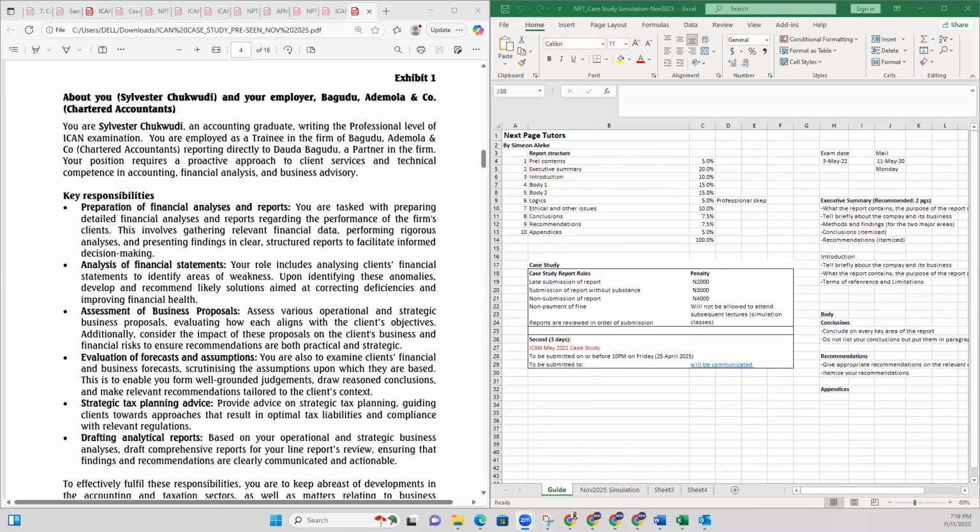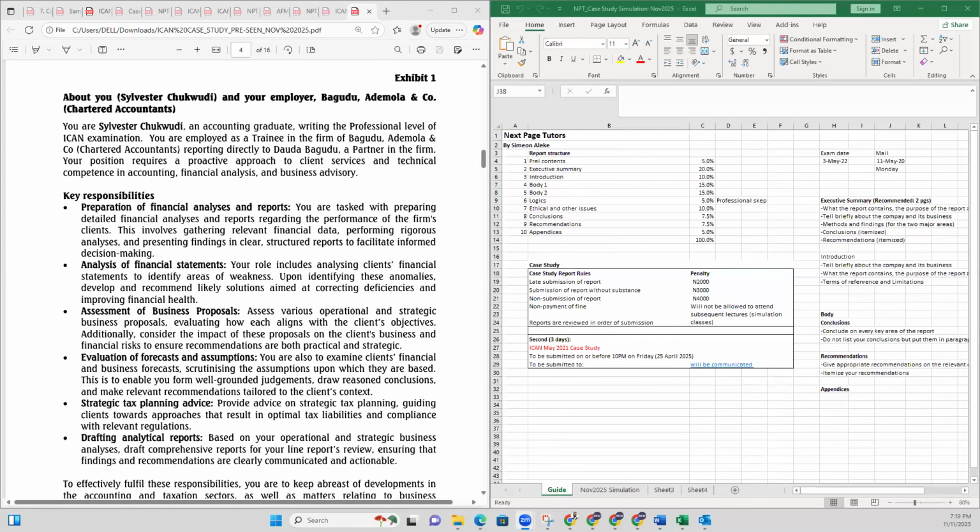Your role includes analyzing clients' financial statement to identify areas of weaknesses. Upon identifying these anomalies, develop and recommend likely solutions aimed at correcting deficiencies and improving financial health.